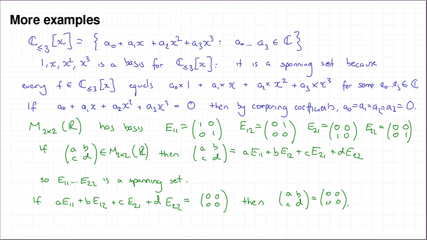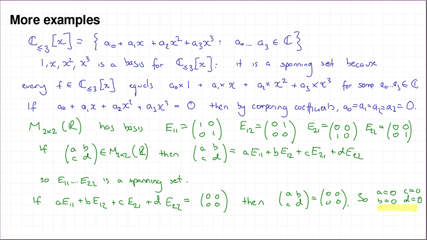So a equals 0, b equals 0, c equals 0, and d equals 0. That proves that the only linear combination of e11, e12, e21, and e22 equal to the 0 vector is a linear combination in which all the coefficients were 0.